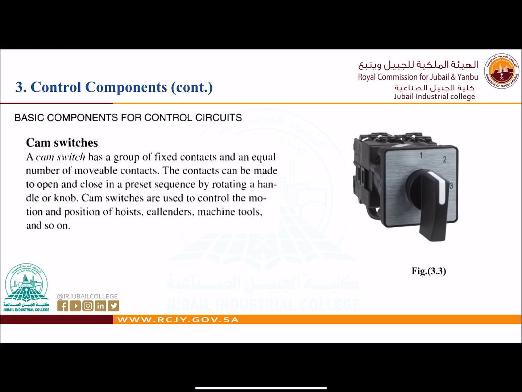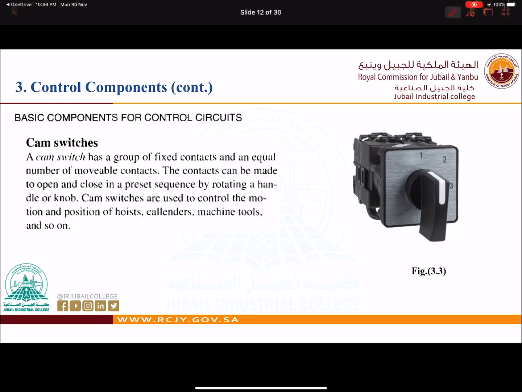This is the cam switch. As you can see here, in this cam switch we have three positions. Position number 1, position number 2, position number 3, and in each position the connection is changed through the cam switch. If you have a motor forward and reverse, you can do it manually here by selecting 2 or 3.